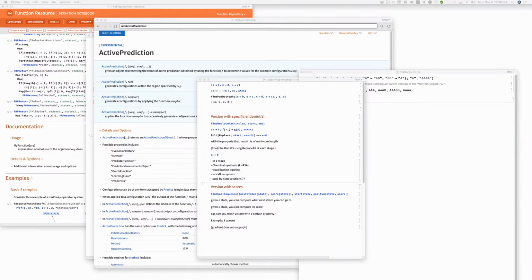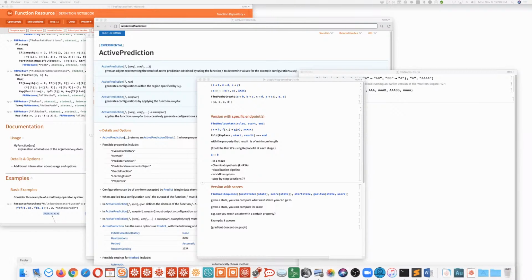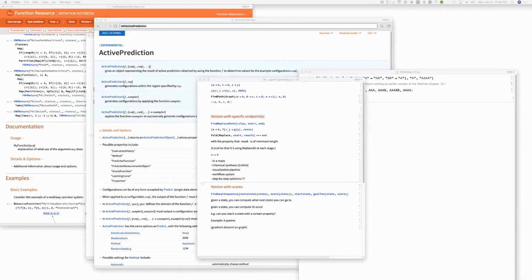Okay, so hold on a second. What was I looking at? I was looking for the multi-way games business, which I think will be helpful here. Let's see.